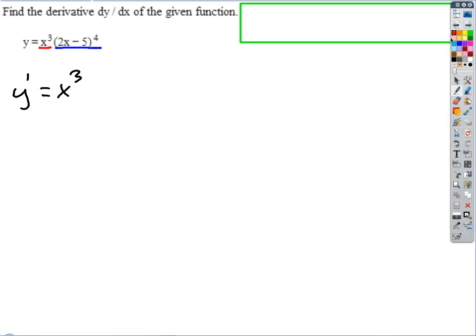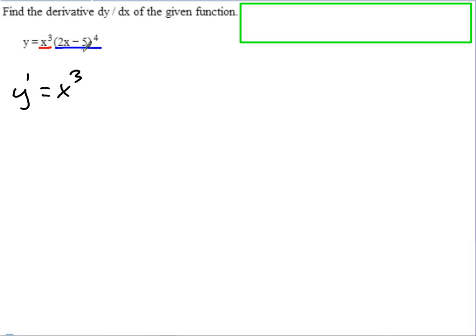Now, what's the derivative of this guy going to look like? Okay, good. I've got that. That's a chain rule issue, isn't it? I've got a power, and then inside the power, I've got something else I can also differentiate. But on the outside, the blue factor is a power. So 4 times the quantity cubed, right?